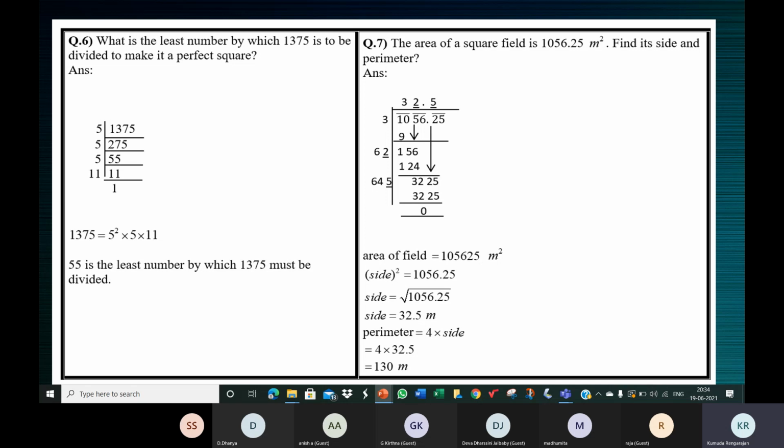The area of a square park is 15,301 by 729. The mixed fraction is 15, 301 by 729, meter square. Find its side and perimeter.